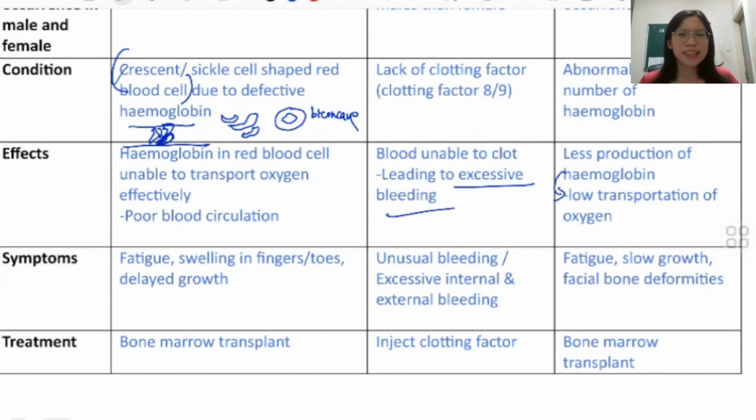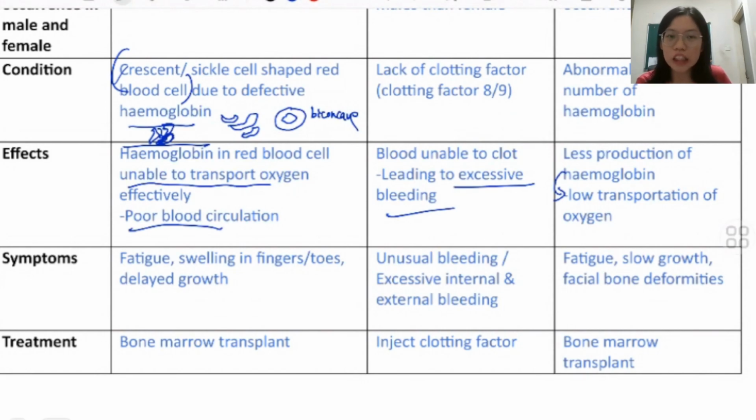So, with sickle cell anemia, they have a poor blood circulation. Their hemoglobin is unable to transport oxygen effectively. Can you guess what happened to your body cells? Your body cells are unable to receive sufficient oxygen, because you need oxygen for cellular respiration to generate energy, right? But now, lack of oxygen, body cells don't receive enough oxygen, less oxygen used for respiration.